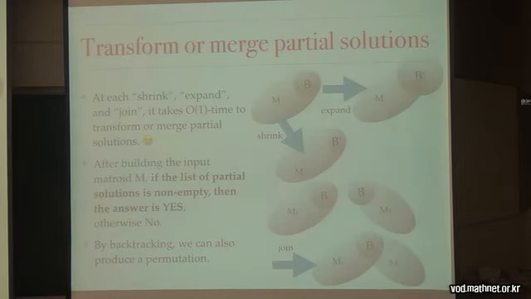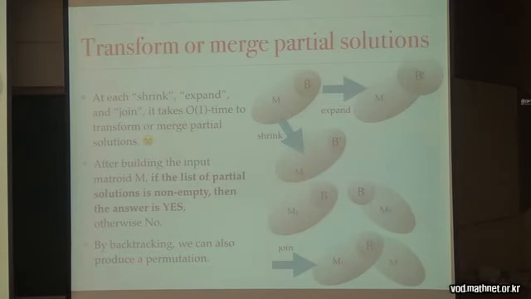You can assume that you already have a list of partial solutions here. Then for each partial solution, you can take the intersection with B prime and reduce the typical sequences further. That way you can shrink it. And expanding is similar because you're not doing much. I mean, expanding, you can just keep the same partial solutions.